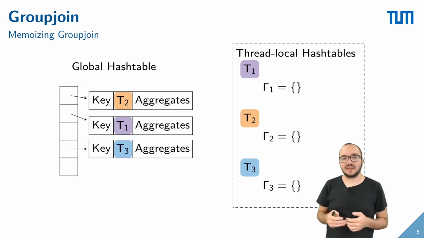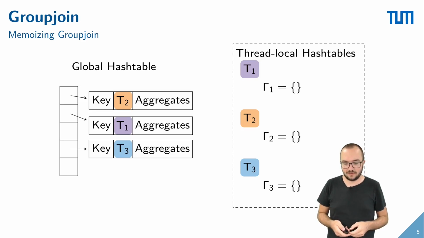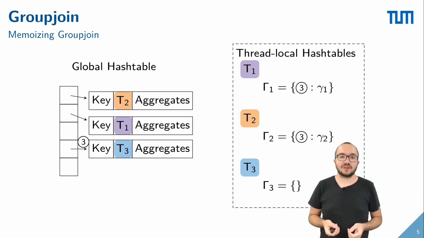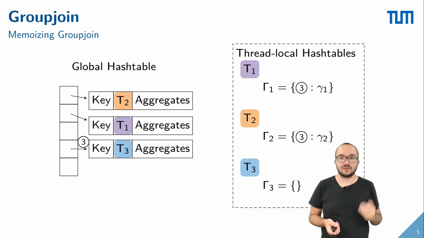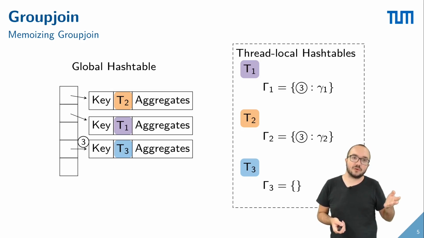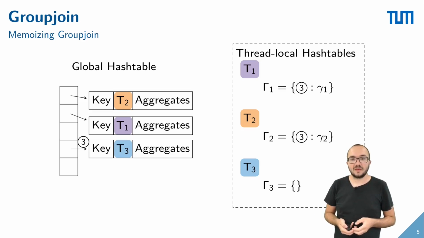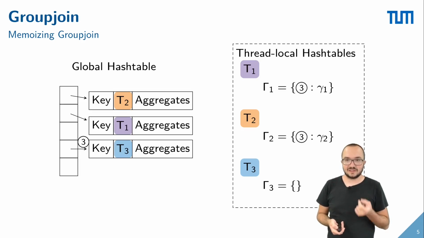But we still want to defend against the case where we actually have contention, for example, heavy hitters that are present on every thread. When we have a heavy hitter, in this example the third aggregate, which is also present on thread 1 and 2, thread 1 and 2 would probe our global hash table, see that it is already owned by thread 3, remember this pointer in a thread local hash table, and store a thread local aggregate in a local hash table.